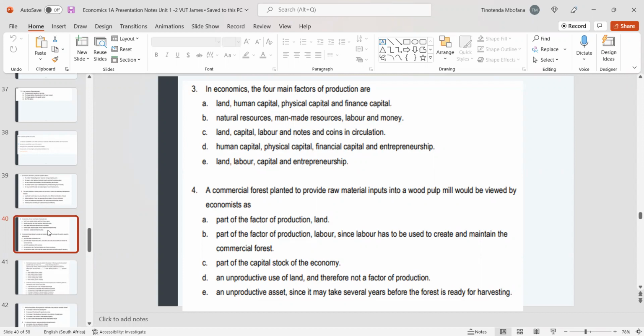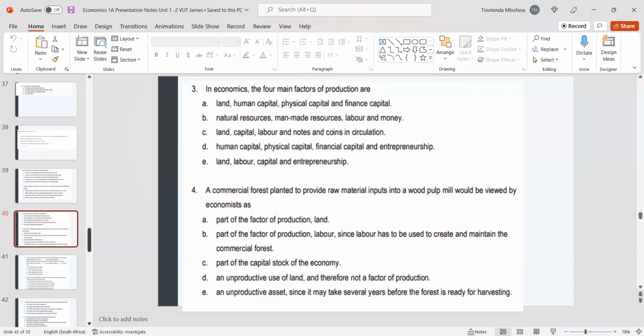When it becomes man-made, it means that you have put in the effort of actually creating something or manufacturing it physically, then it becomes something else different. But it's part of the natural factors of production, which is land, commercial forest. All right, so those are examples of some of the questions that you might face.